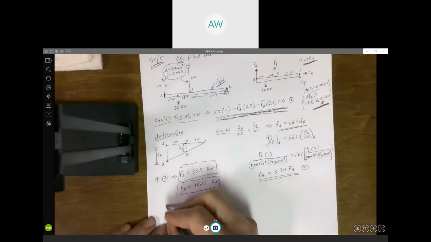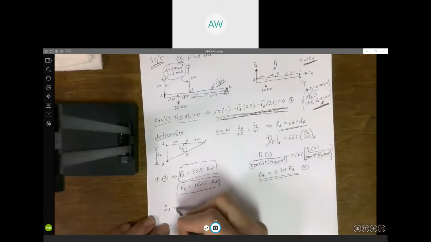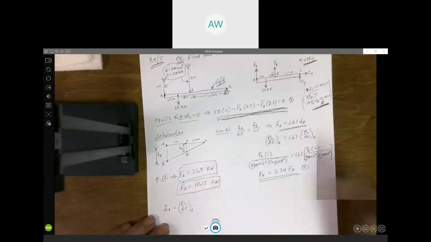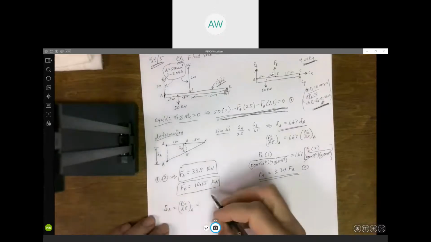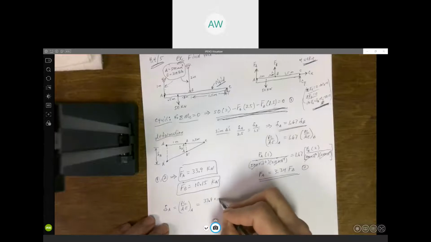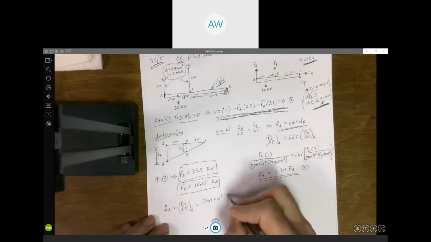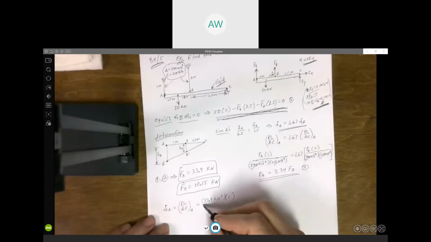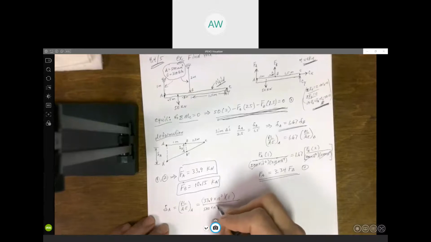Again, delta A, it's just PL over AE for rod A, and we know what everything is now. We know the force is 33.9. Those are kilonewtons, so I'm going to multiply by 10 to the third. Length is in meters, which is good. The area, 500 times 10 to the negative 6.